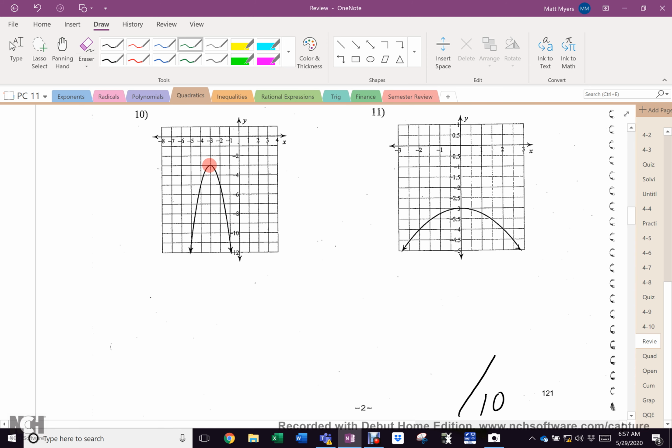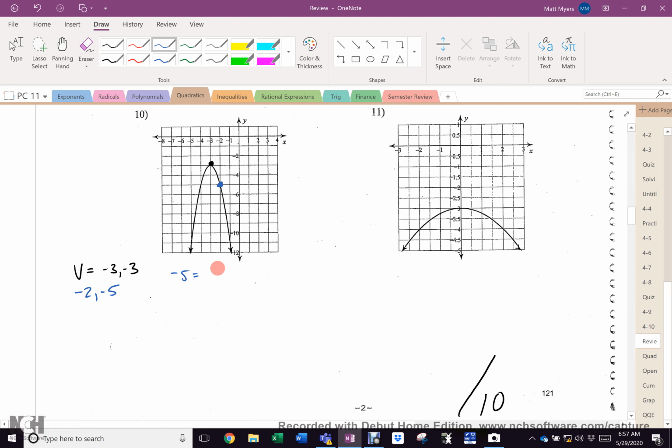This one, we have our vertex. We can see right there that our vertex equals negative 3, negative 3. And then I can choose any other point for an x and a y. I'm going to choose that one right there. So I have negative 2, negative 5. Then I just do the work.